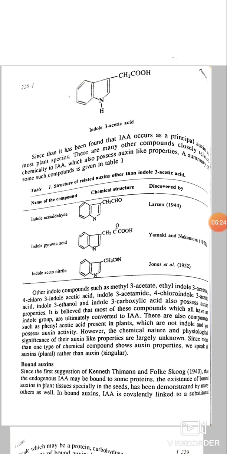Other indole compounds such as methyl indole 3 acetate, ethyl indole 3 acetate, 4 chloro indole 3 acetic acid, indole 3 acetamide, indole 3 ethanol, and indole 3 carboxylic acid also possess auxin properties.